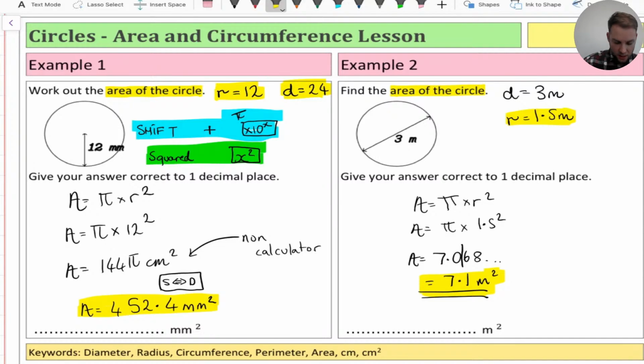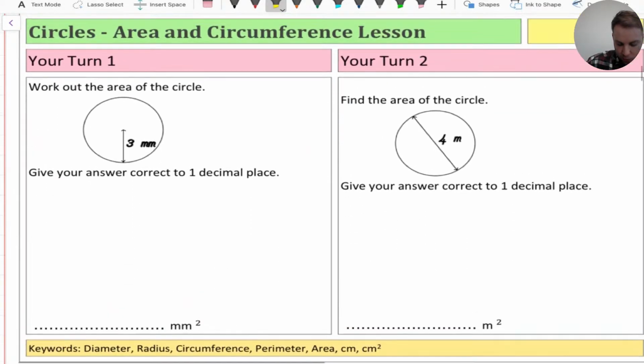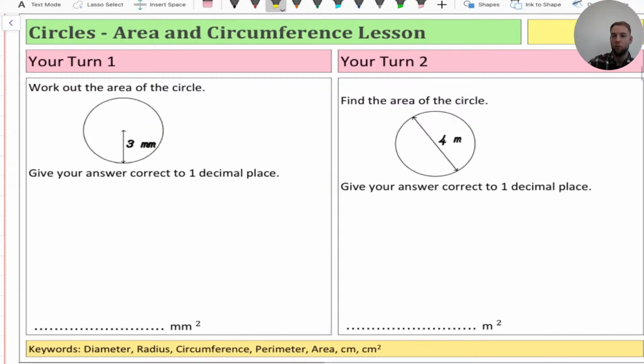Brilliant. Okay, so have a go at these to yourself. They're quite simple, very similar to the ones at the top. You can have a go at them on your whiteboard if you want, or in your blue book.